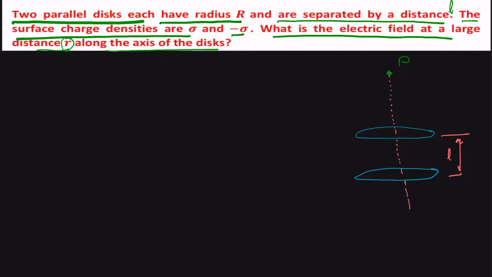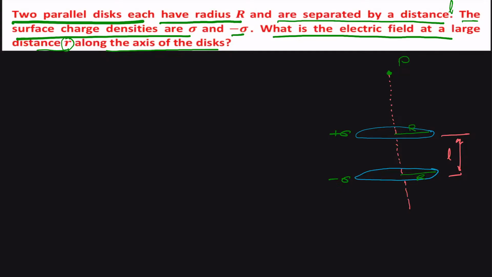We are also given that the discs have a radius r and the charge densities are plus and minus. And the important part is that the distance between the point P and the discs is very large.